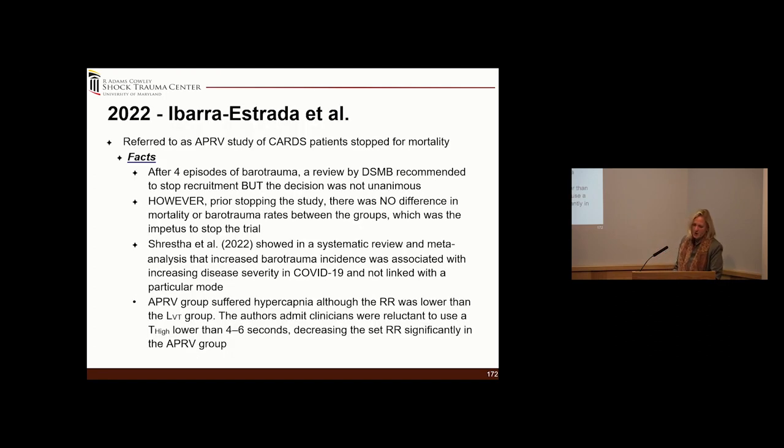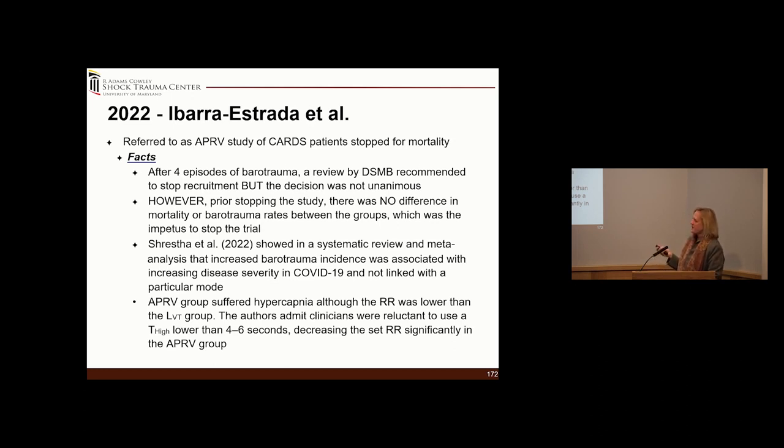And then the final one. This was interesting because it actually came up at a recent pro-con debate in Minnesota, and it was inferred as fact that the APRV group was stopped for mortality. Well, that's what they talk about in the paper. Here are the facts, though.